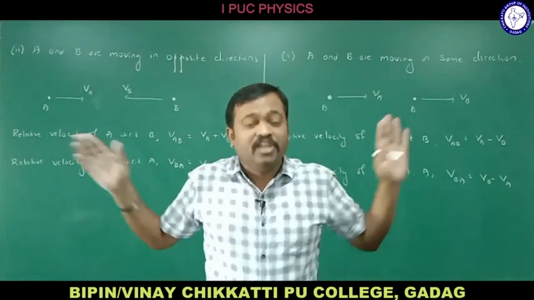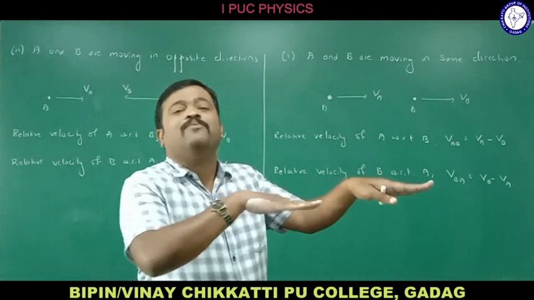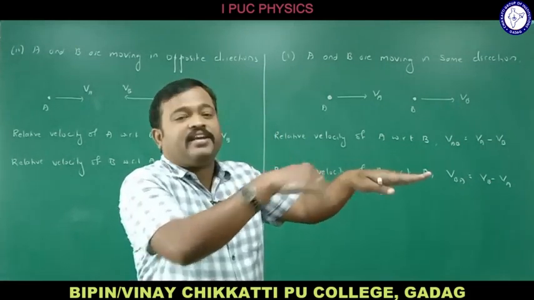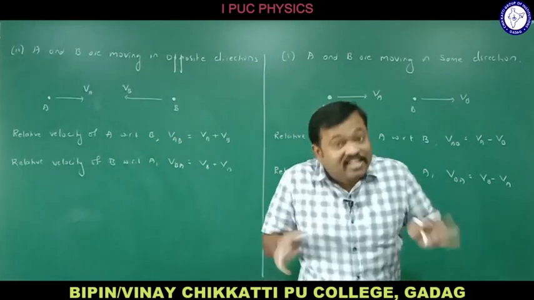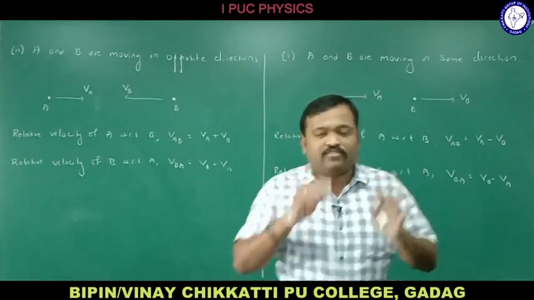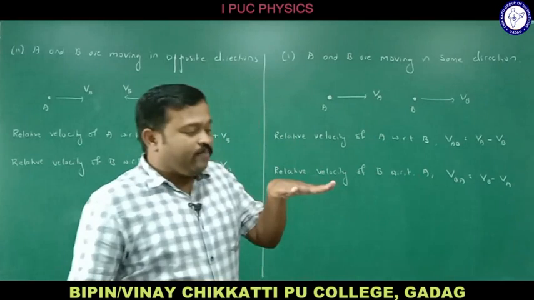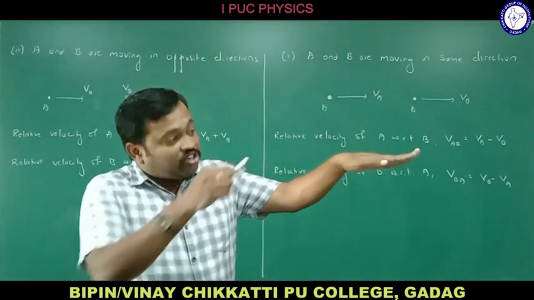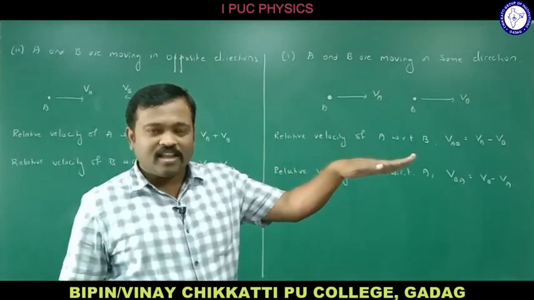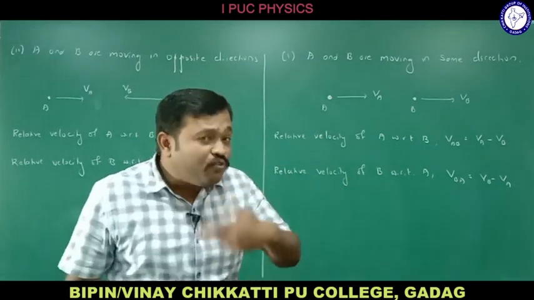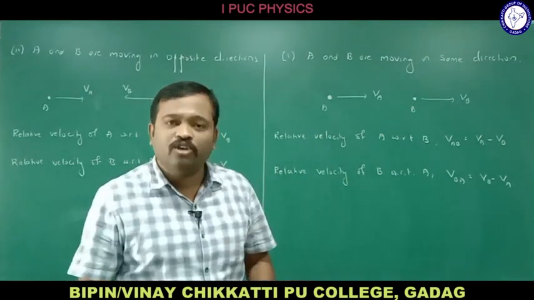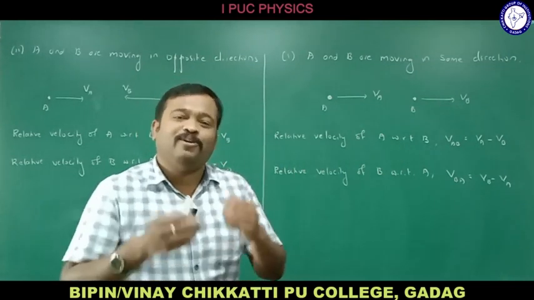Do you remember, if two vehicles are moving in the same direction, we take the subtraction of the velocities. If they are moving in the opposite direction, we take the addition of the two velocities, right? For instance, if your vehicle is moving at 40 kilometers per hour and another vehicle is moving at 60 km per hour, you feel the other vehicle is moving at 60 minus 40, 20 km per hour.